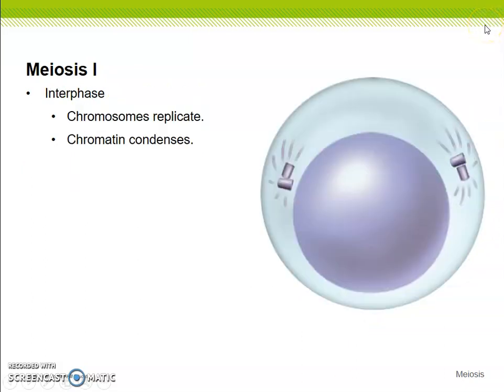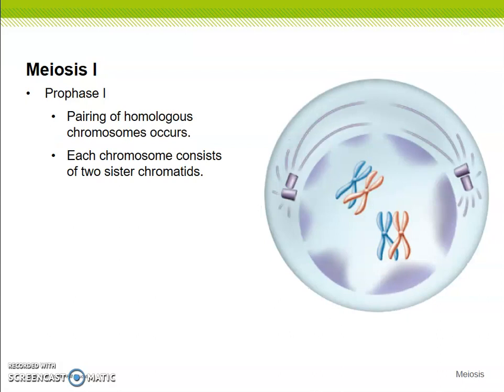So, meiosis has the same phases as mitosis, which is why we're doing it right after mitosis. We start out with interphase, when the DNA is replicated and the chromatin begins to condense into chromosomes. We then have prophase 1. Okay, we're going to have a second prophase later on. Prophase 1, this is when the homologous chromosomes pair up.